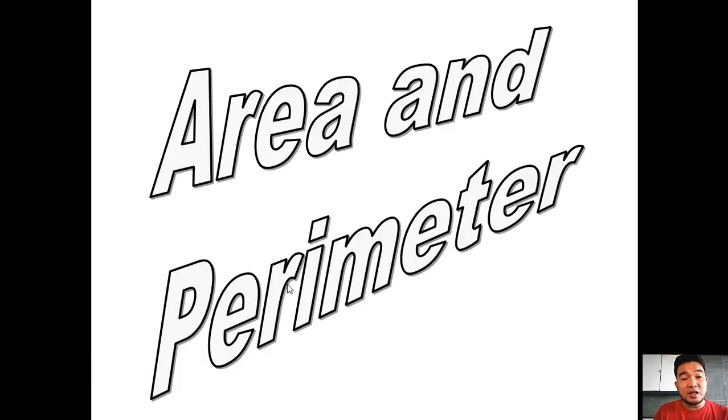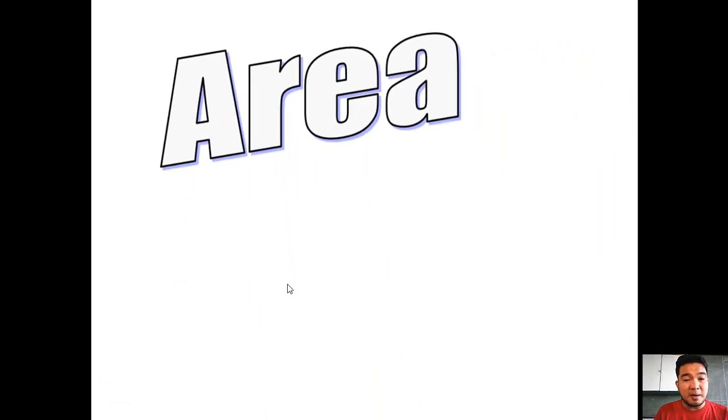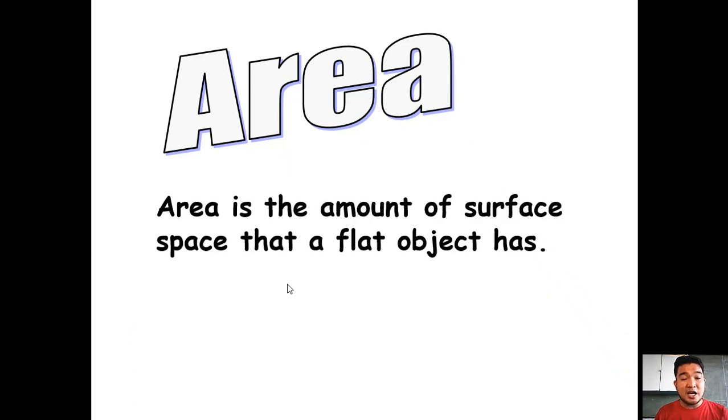Okay, so talking about the measurements, area and perimeter, now gagamitin natin dito lahat ay standard units. So ano ba ang area and perimeter? Let's talk about the area. So area is the amount of surface space that a flat object has.